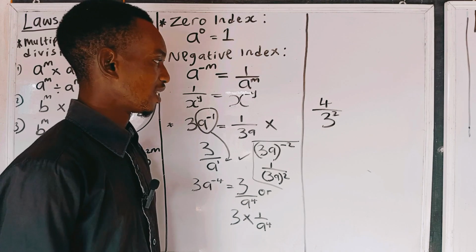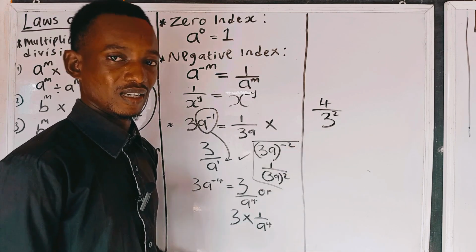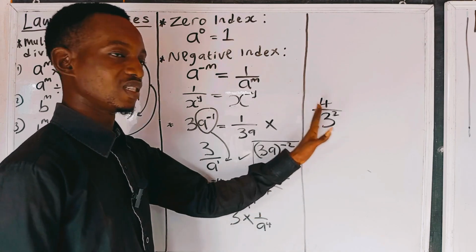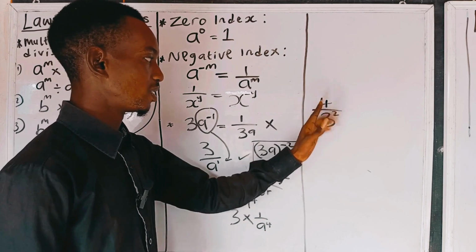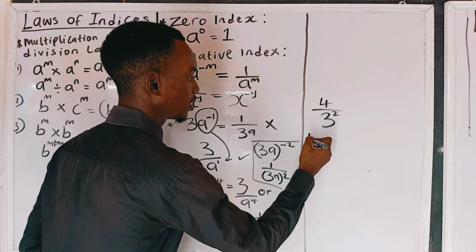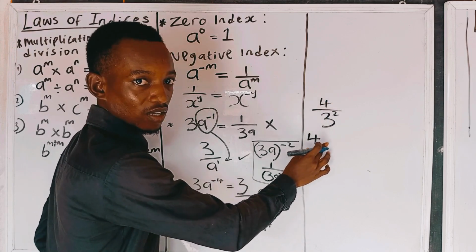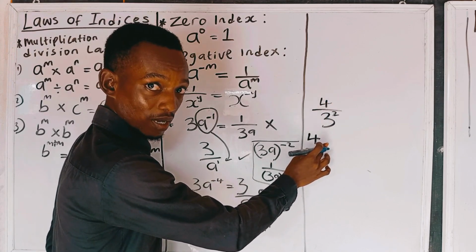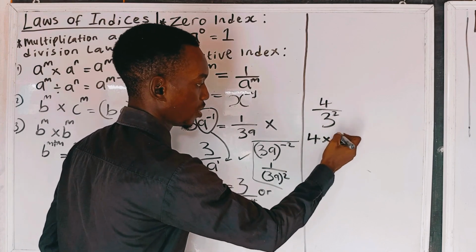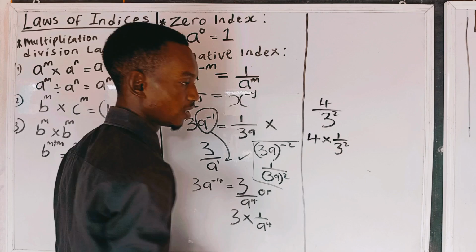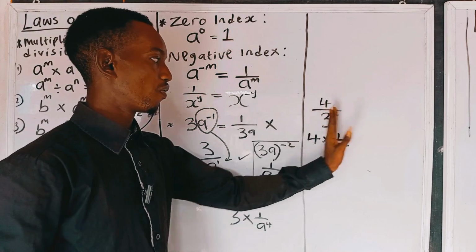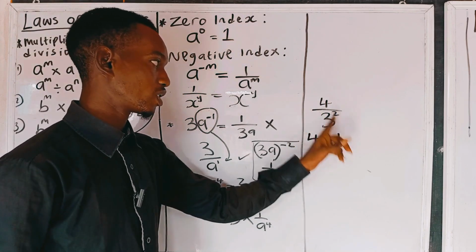But this is actually very, very simple. The best way to do this is by separating it. Separate this 4. This 4 is a whole number, not a fraction. Separate it from the fraction: times 1 over 3 squared. Because 4 times 1 still gives us 4.